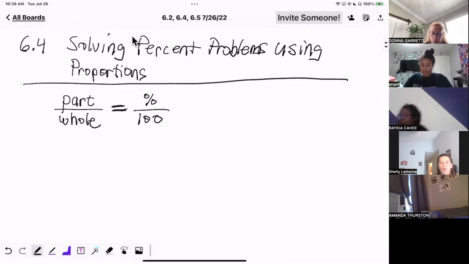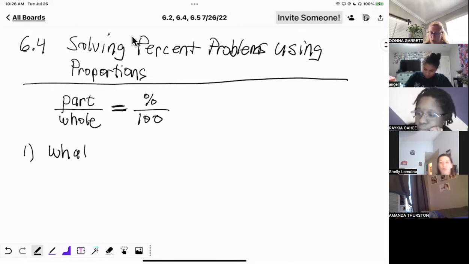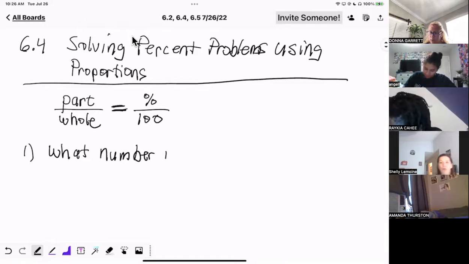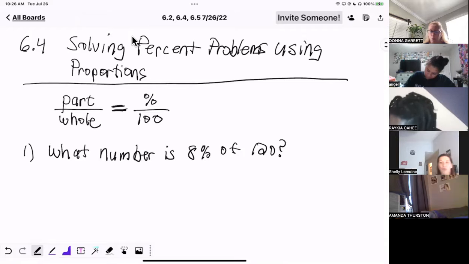Okay, so let's just go right to problems. Number 1. What number is 8% of 120? This is a perfect example of how to do a proportion problem. There's another way you can think of this too.